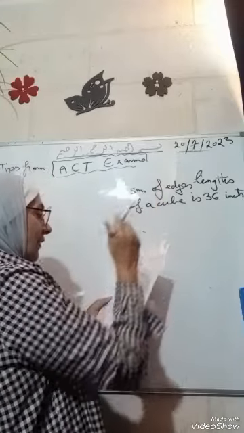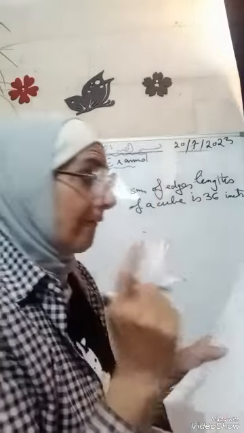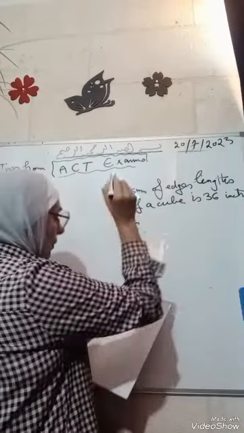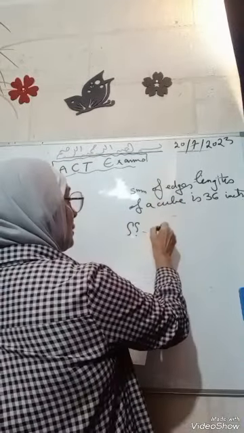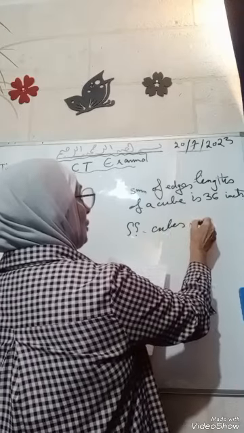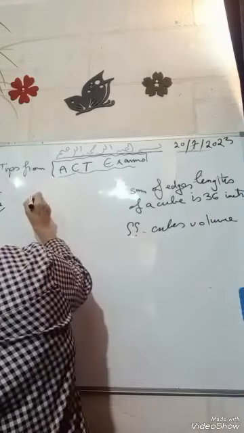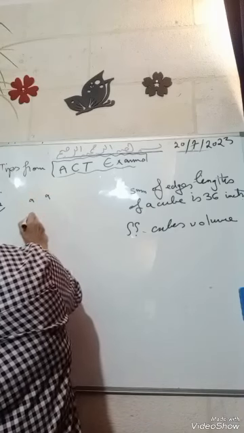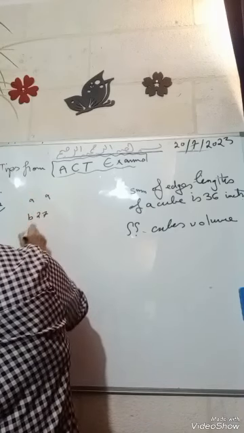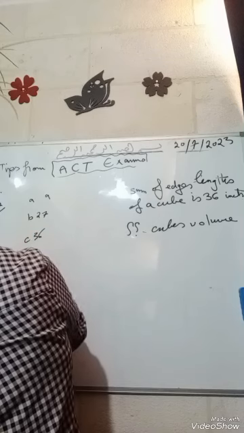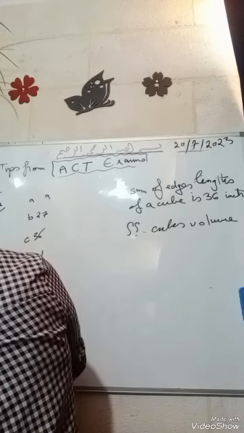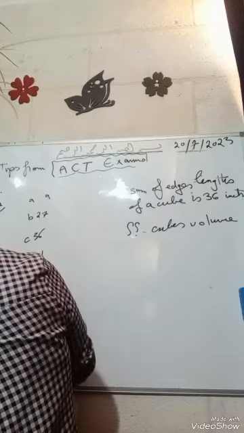Which of the following is the cube's volume? He gave me five multiple choice answers. The choices are: A, 9; B, 27; C, 36; D, 81; and E, 216.